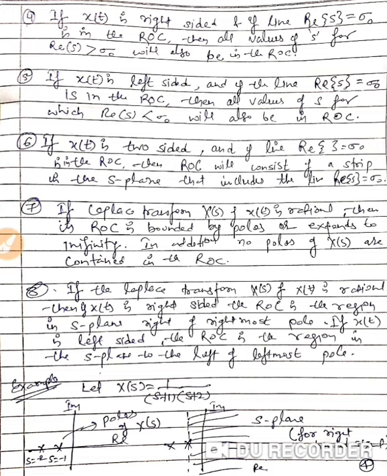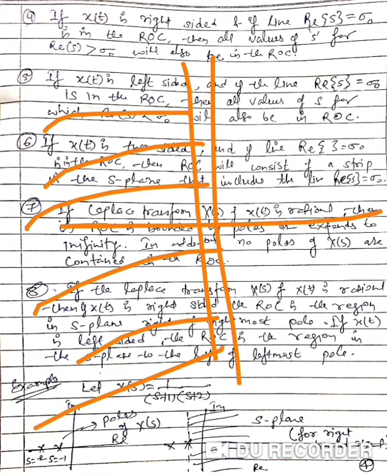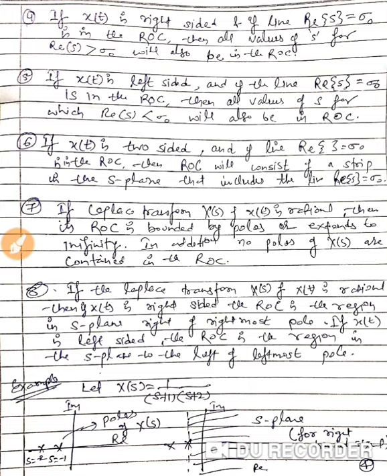So its ROC will look something like this. This is the ROC for a left-handed signal. If we have a combination of two signals, then ROC will be the intersection of those two signals.